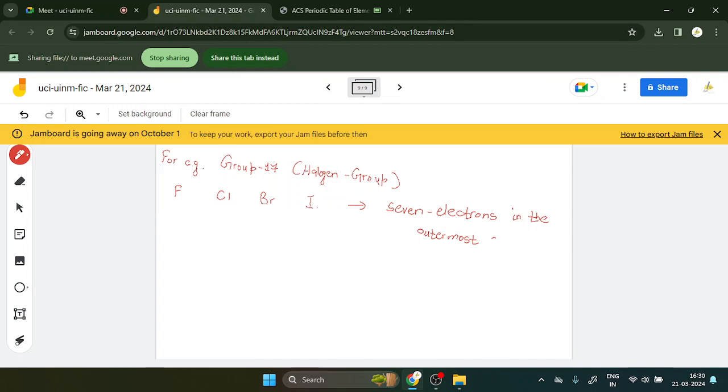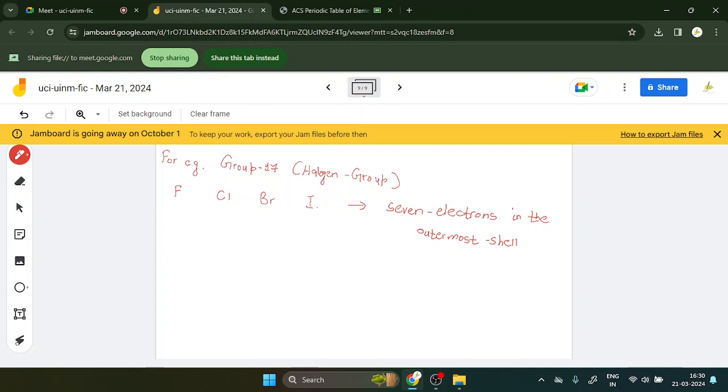It doesn't matter whether the number of shells is higher or lower. The thing is that the outermost shell should have 7 electrons. That's it. Clear? 7 electrons.